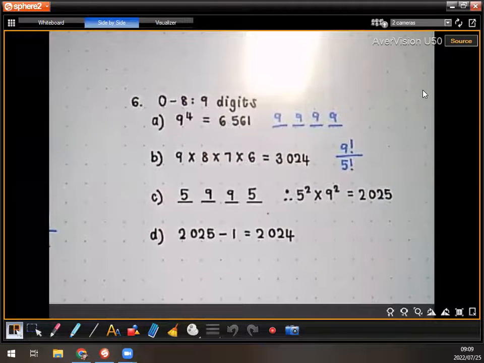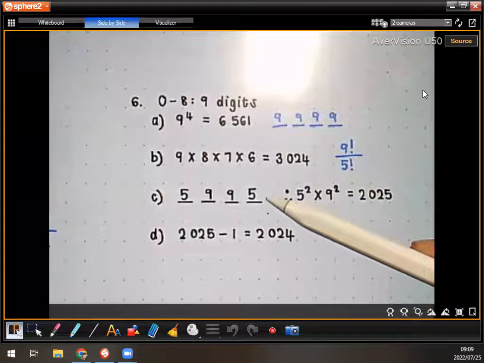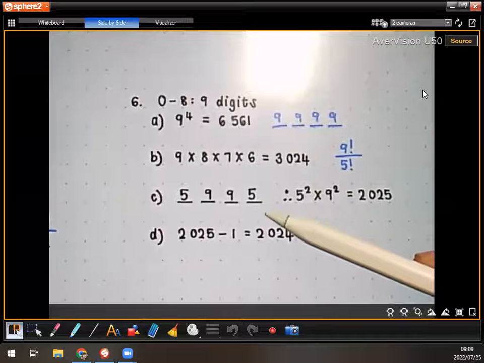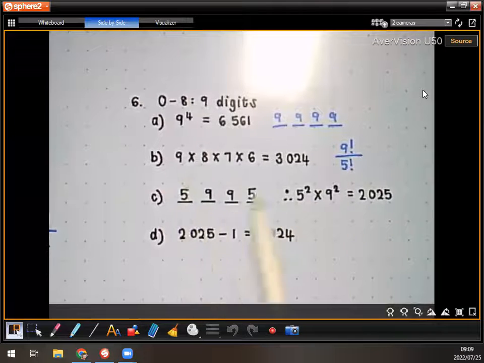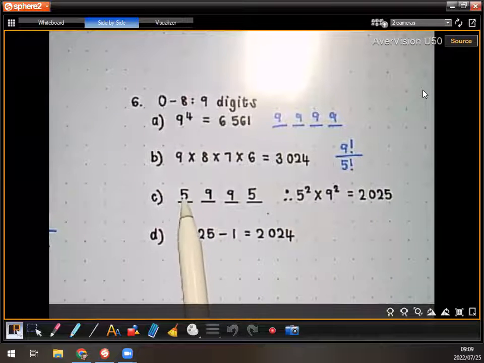Okay, the last one, C and D. Now I'm trying to remember. It says the digits can be repeated, right? And the actual code that you're getting has to be greater than or equal to the number 4,000, right? So that means that, guys, it has to start with a 4 or a 5 or a 6 or a 7 or an 8, right? Does that make sense?